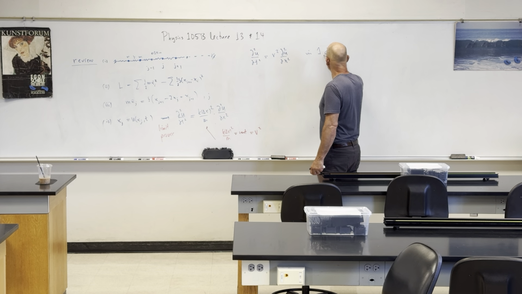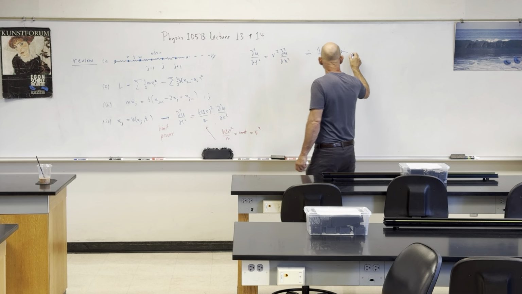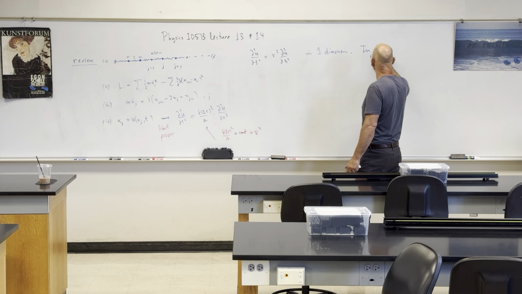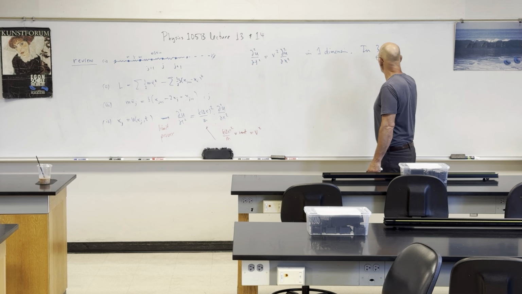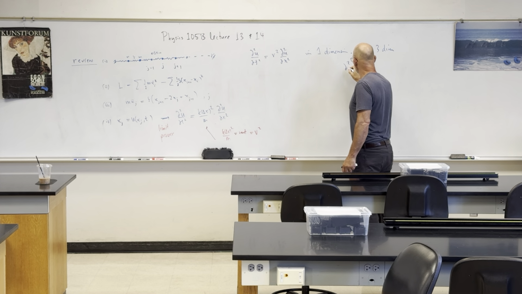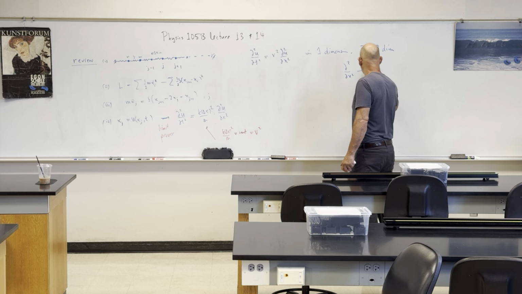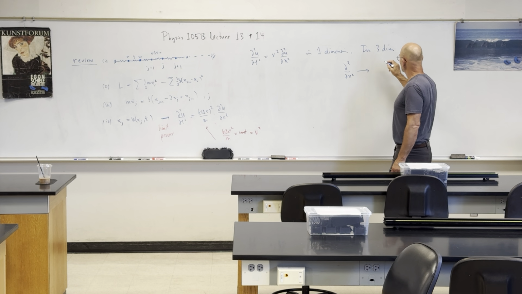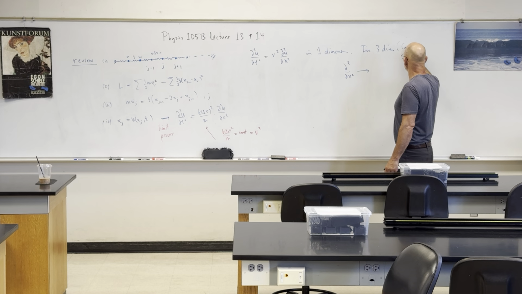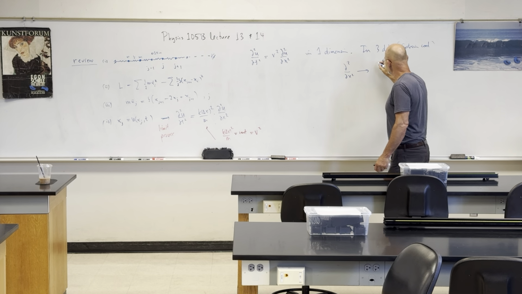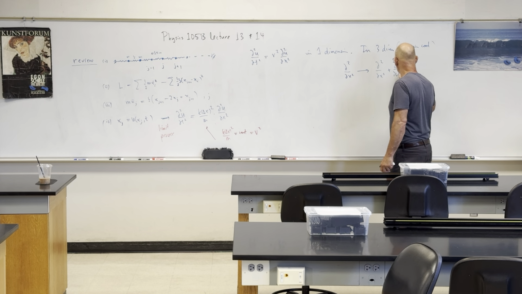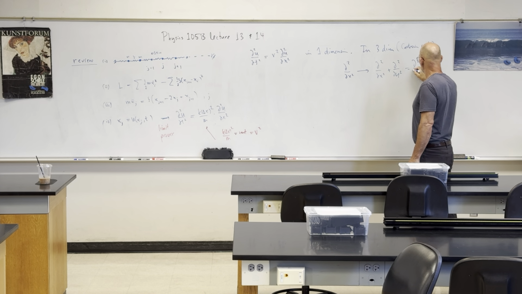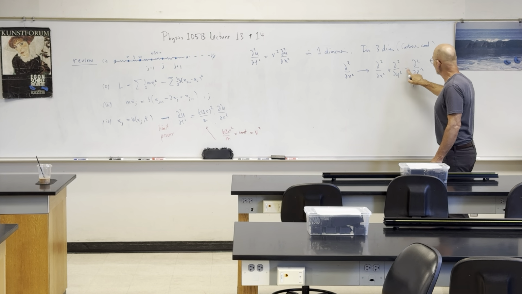In three dimensions, what we do is our d squared over dx squared is turned into, and this is Cartesian coordinates, d squared over dx squared plus d squared over dy squared plus d squared over dz squared, so not equal, plus.